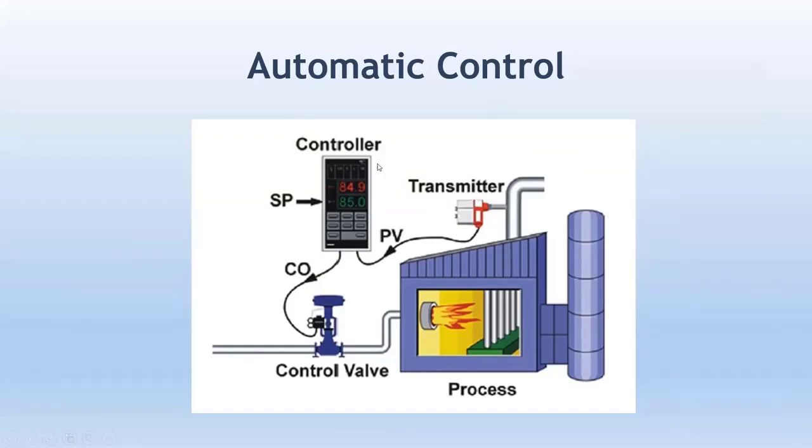Based on the error, your controller is going to send a CO, a control output signal, to the control valve. The control valve will, based on what is decided by the controller, open as much as needed to maintain the set point value as the PV value. That is regulated by CO, which is connected to the control valve, and based on what you instruct, the control valve opens or closes based on the need of the process.